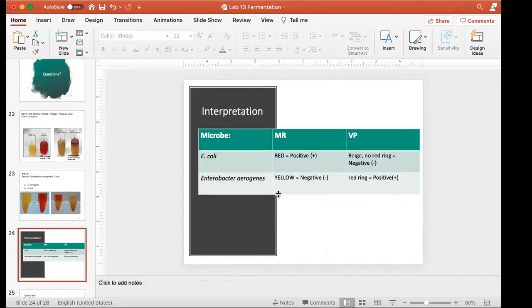Enterobacter is negative MR, positive VP. So you can see that if you had a situation clinically where you were trying to figure out which one of those two organisms was in a patient's sample or in an environmental sample, this is a test you could use to distinguish them.